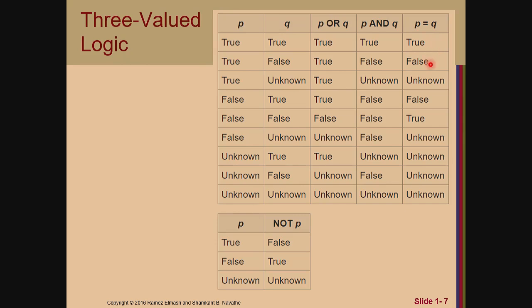True equal false becomes false. True equal unknown becomes unknown. If we compare with unknown, as you can see, we get unknown for all of them. If we have any unknown when we compare, the result has to be unknown. This makes sense.